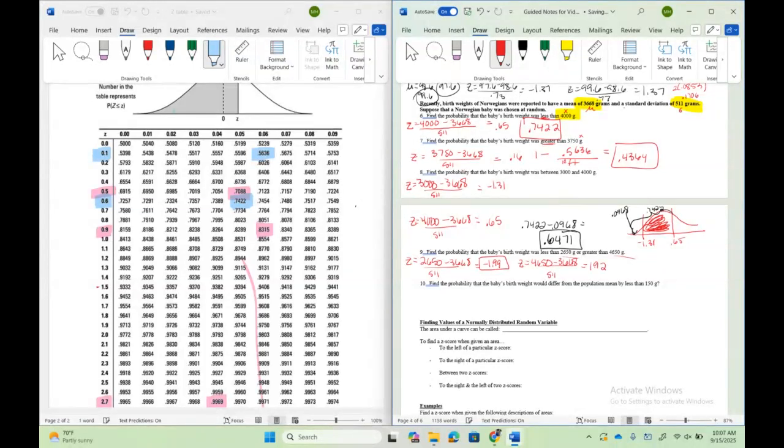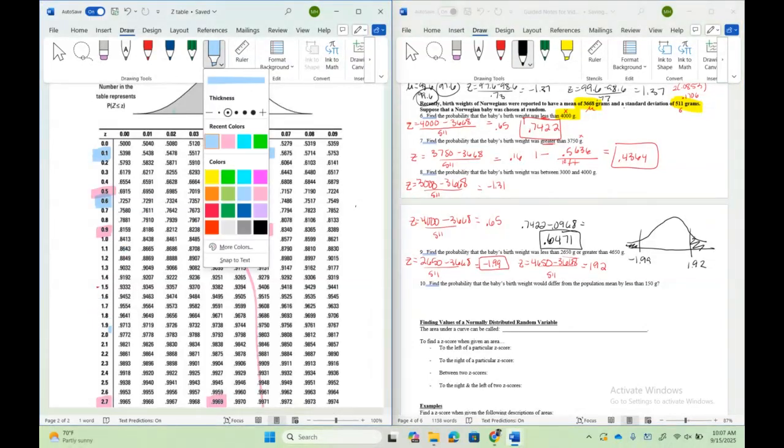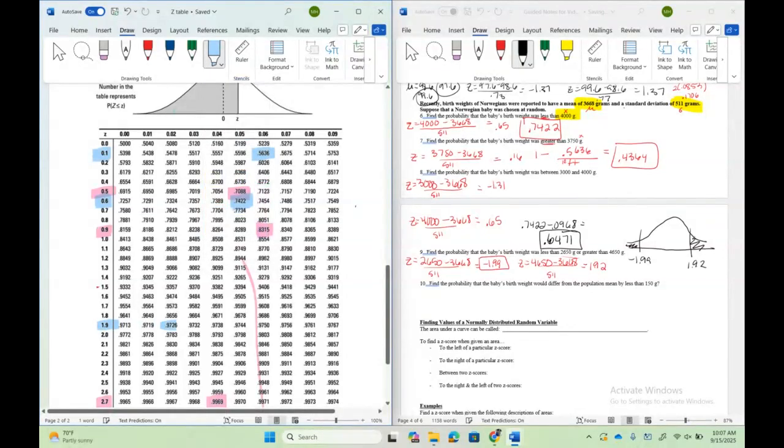All right, and we are finding the area to the right of one and to the left of another. Okay, so let's see, 1.92.